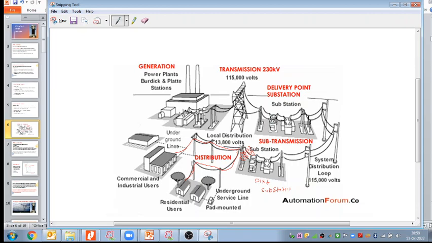Suppose you're sitting in an interview and you say that you know CT VT sizing, and I'm asking you to specify the CT cores in a grid. How will you specify the CT cores for a grid? This two core CT, right? Yesterday we discussed the CT core selection.